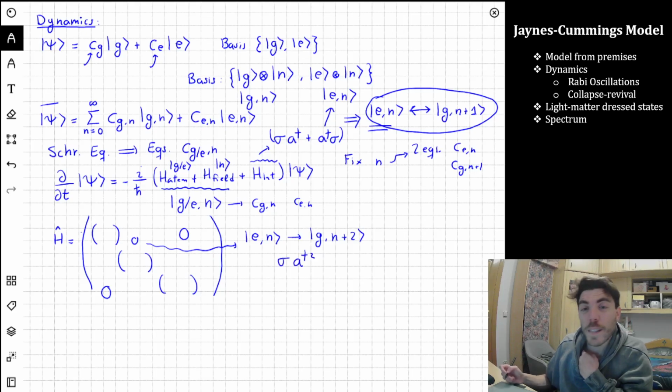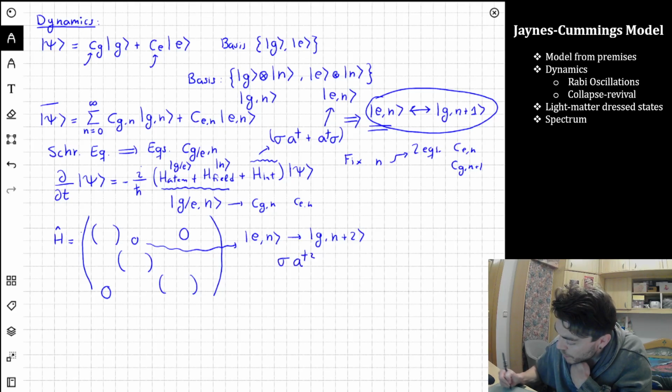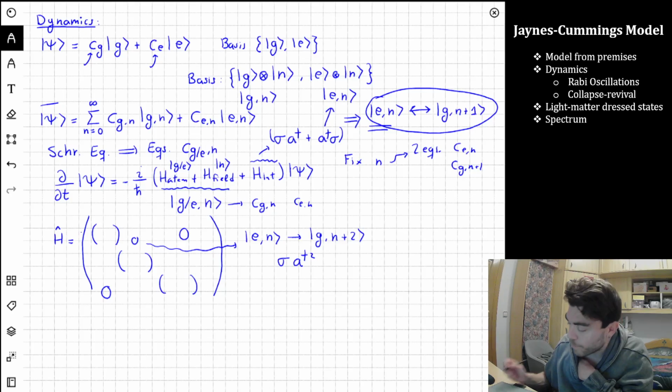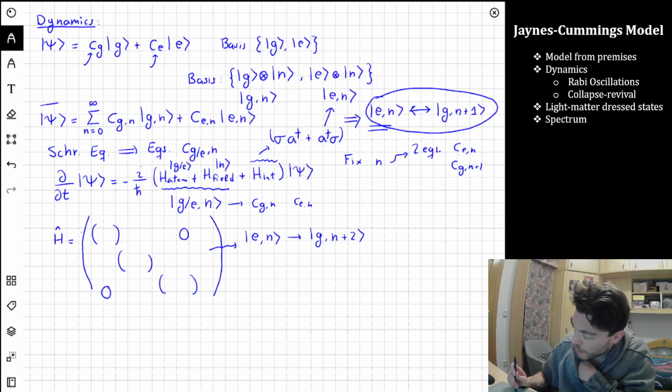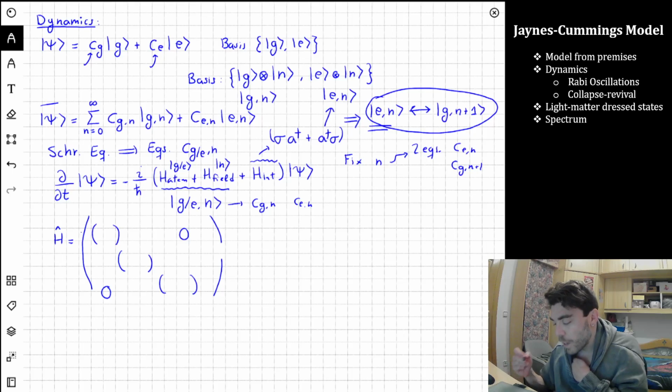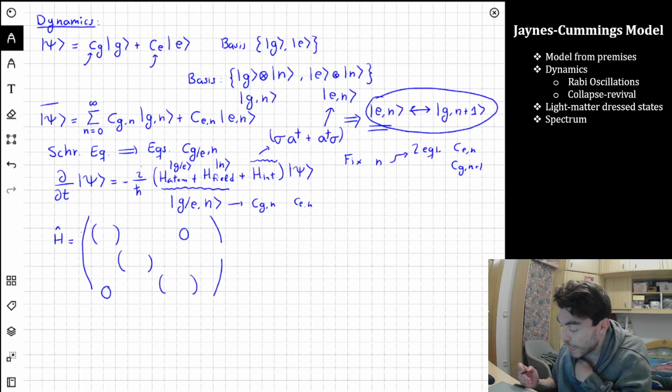But we don't have this term. I say this because sigma is going to reduce the excited state to the ground state, and a dagger squared is going to create two photons in the cavity. We don't have this term, so this coefficient is actually 0. So all the coefficients that are not next to each other in the number of photons are going to disappear. And that's why this is block diagonal.